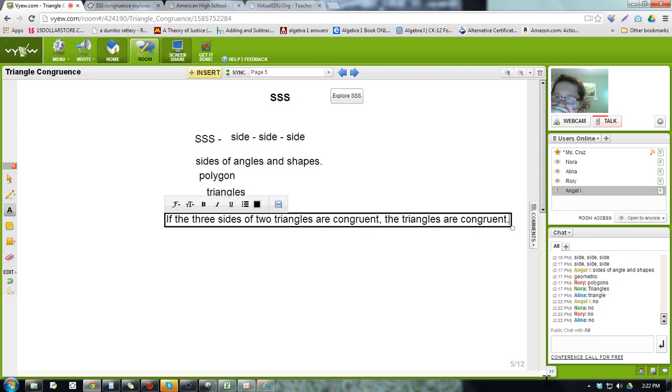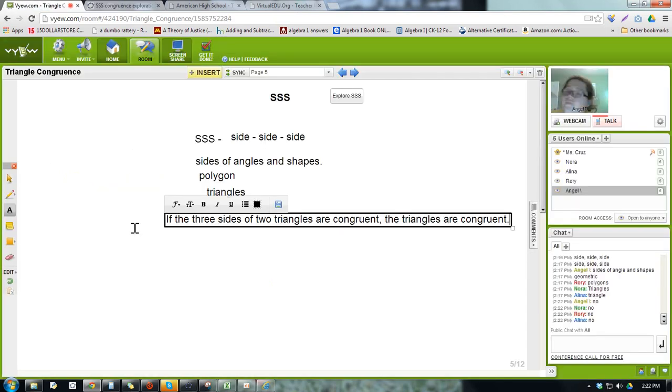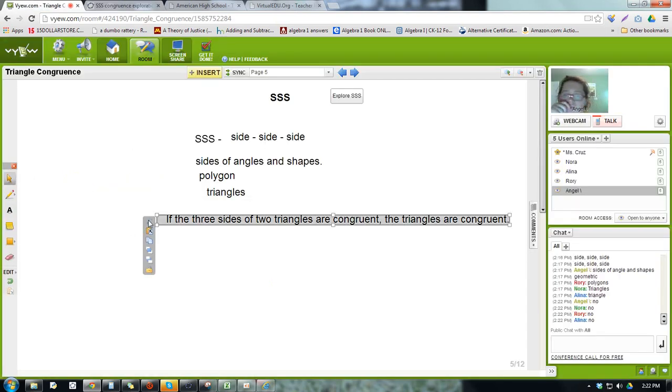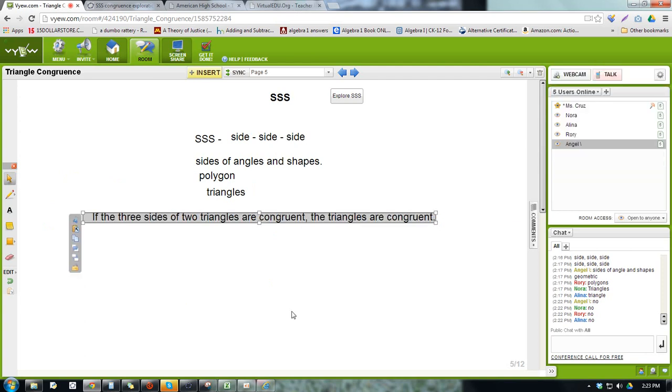So everyone says no, and you shouldn't. As you can see, no matter what, when you move the sides of the triangle around, no matter what size each side is, the angles are going to stay the same. That's the thing that tells us that the two triangles are congruent: if all the sides and all the angles are the same, no matter how we move it.